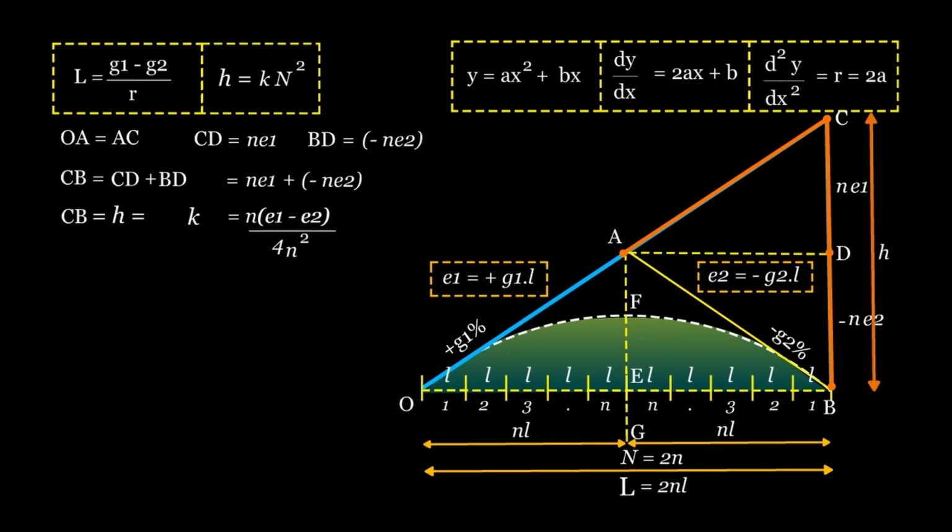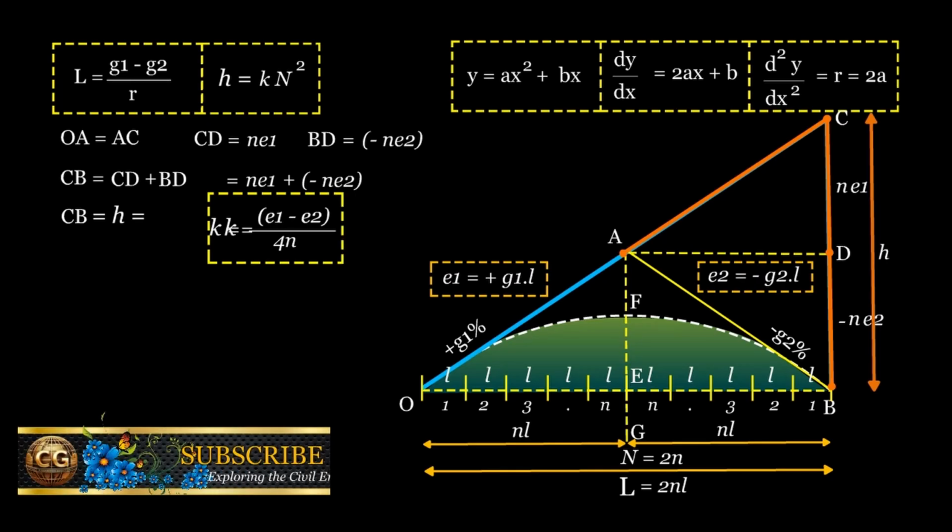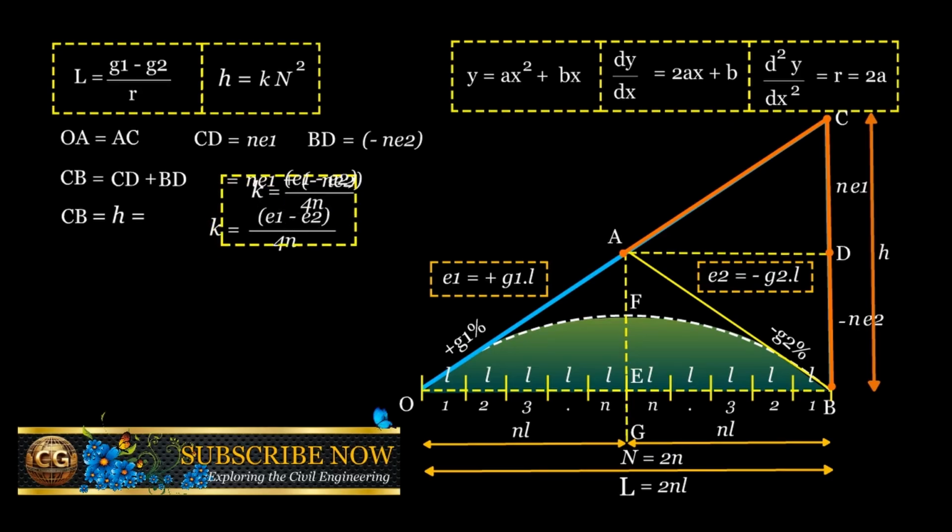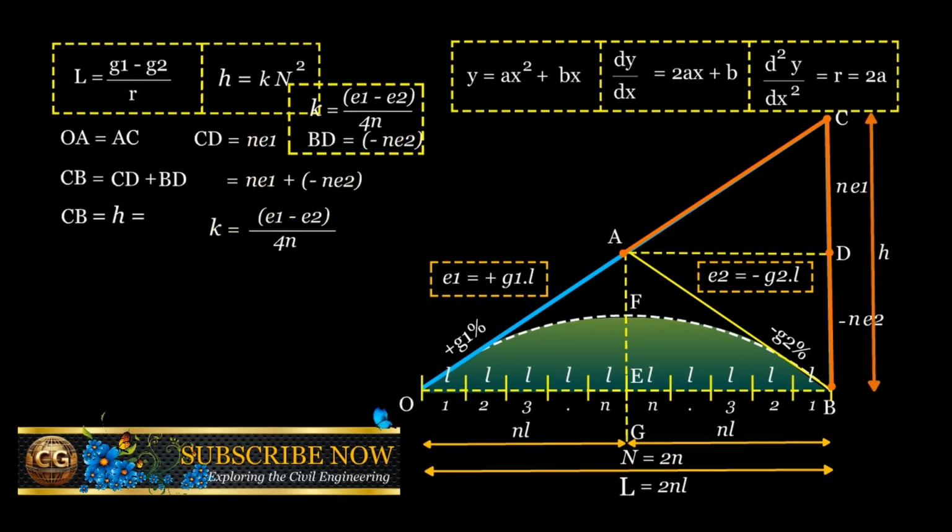Here, this n squared gets cancelled. So finally, K equals e1 minus e2 divided by 4n. In the above equation, proper care for signs must be taken while substituting the numerical values of e1 and e2.